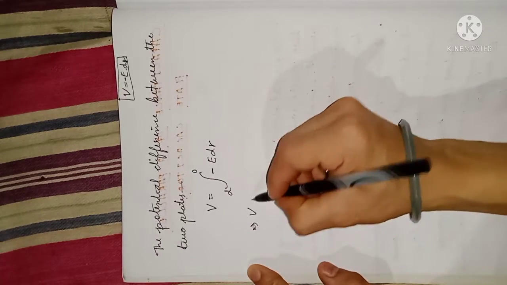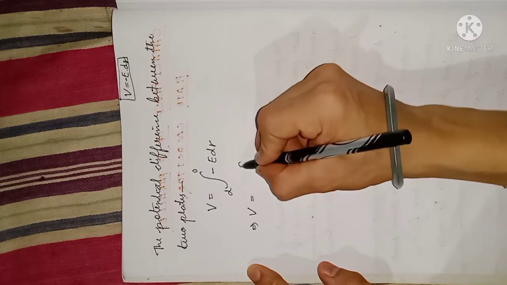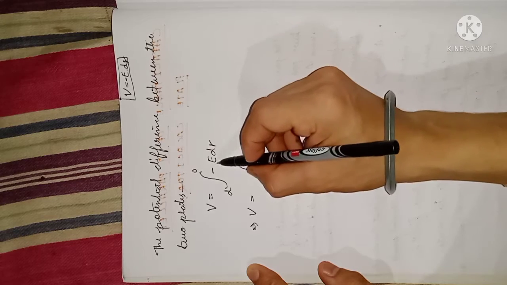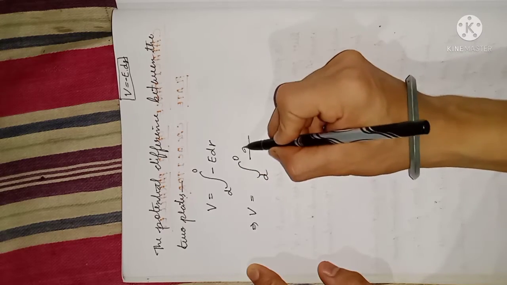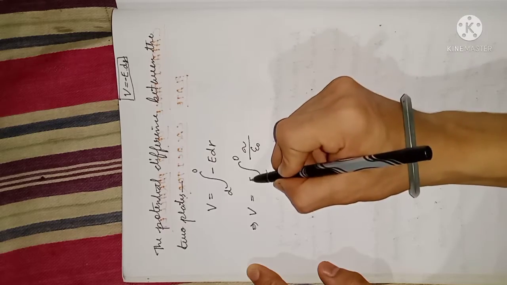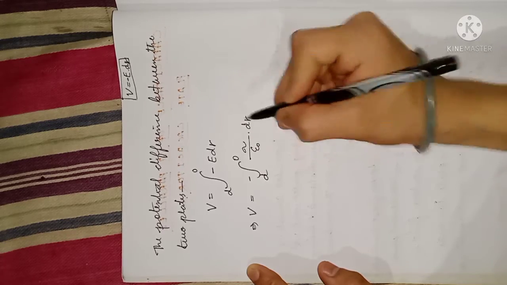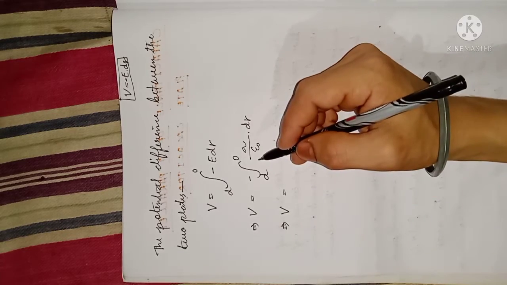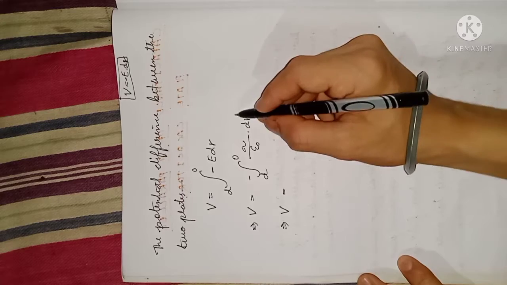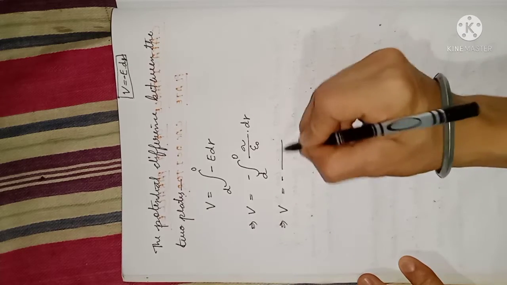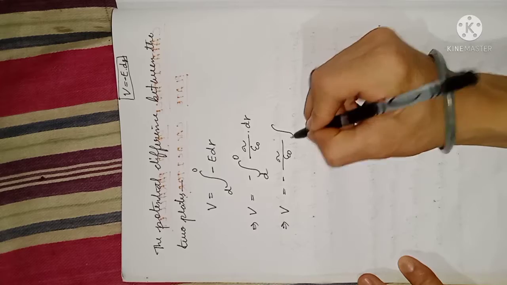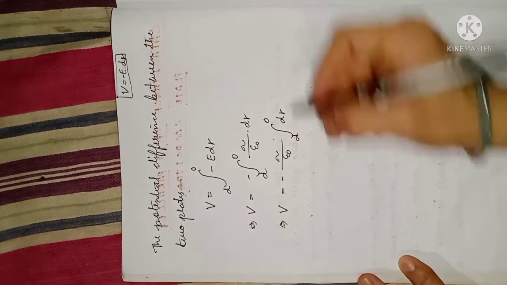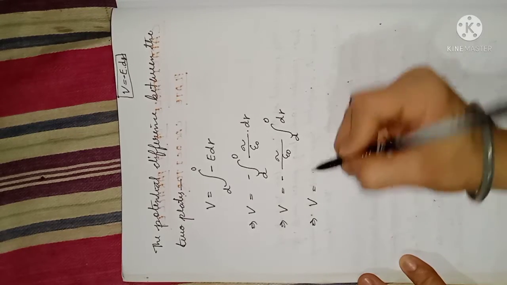So we can write V is equal to the integration from d to 0. Since we have shown that E is equal to sigma by epsilon naught, into dr, these constants will come out and only dr remains. So V is equal to minus sigma by epsilon naught, integration from d to 0 of dr. If you know how to integrate, you can do this one.